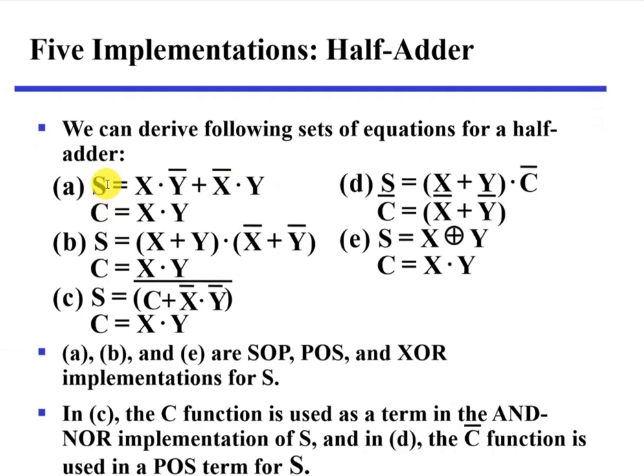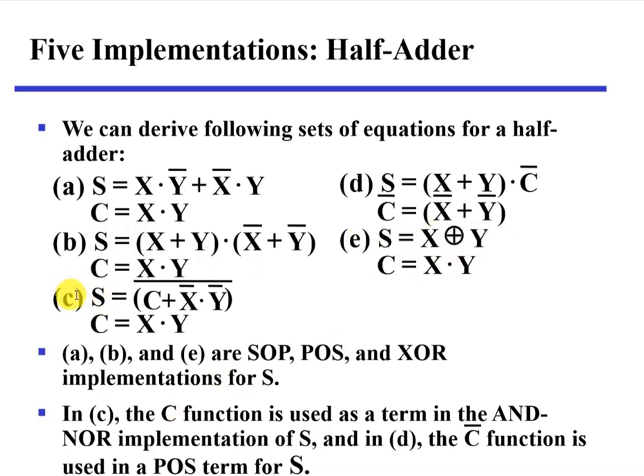It's easy to show that based on these exclusive OR and AND operations, we can derive the following set of equations for the half adder. They are all equivalent, using Boolean algebra techniques such as function complements or De Morgan's law. We can verify easily that all of them are equivalent. For instance, here A, B, and E are the sum of products, the product of sums, and the exclusive OR implementation specifically for S, the sum.